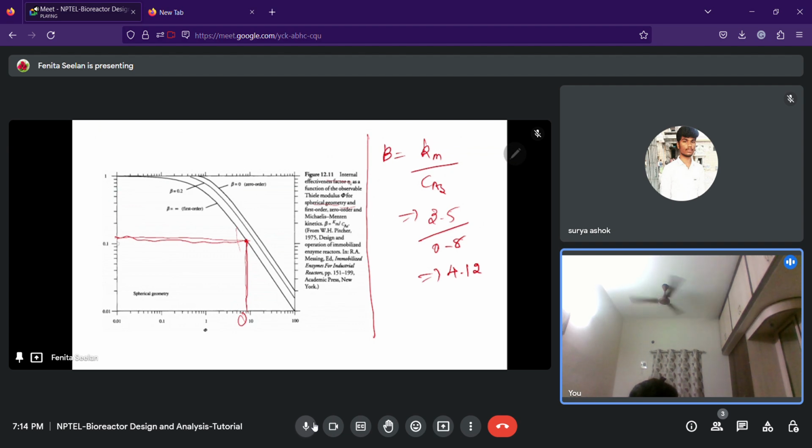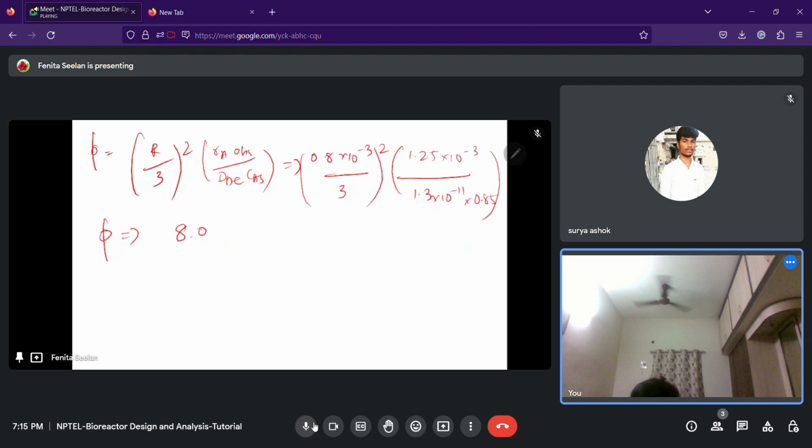So it was around 0.12 or 0.13, and we will take 0.12. So from the figure of effectiveness factor as a function of the observed Thiele modulus for spherical geometry in first order, we found the internal effectiveness factor as 0.12.